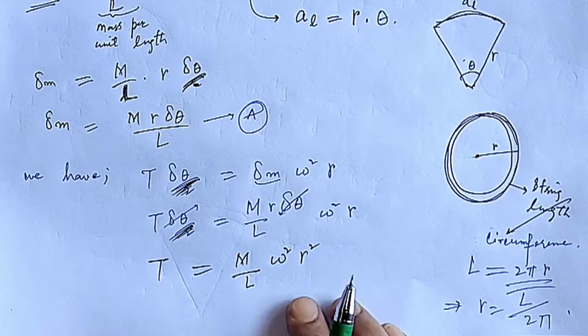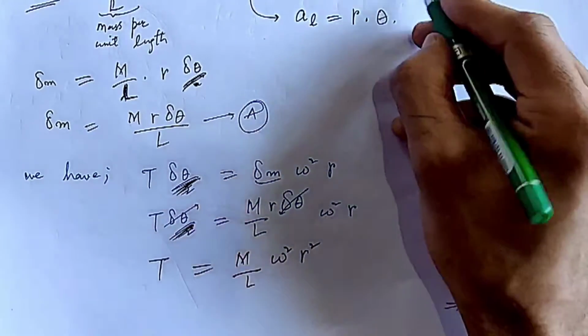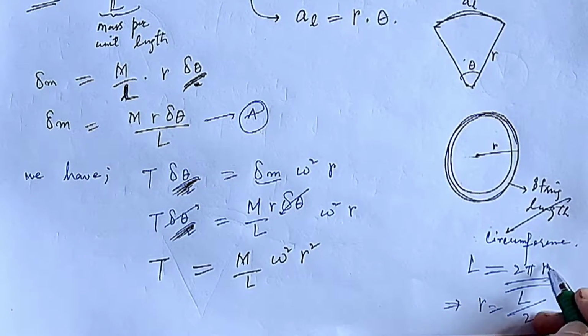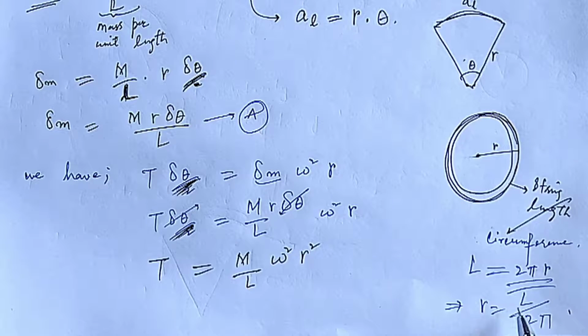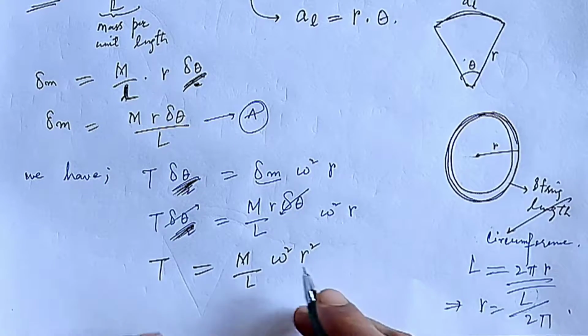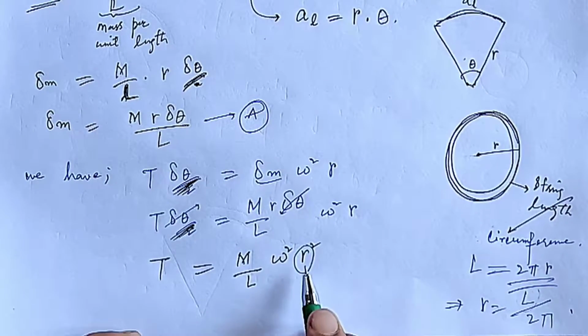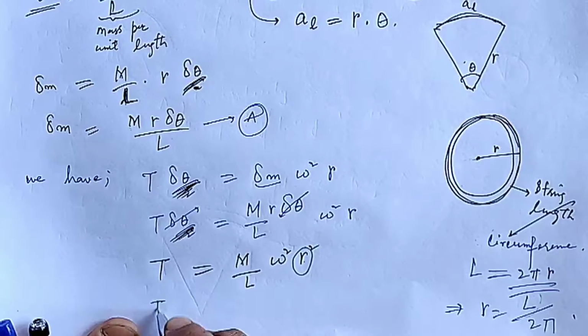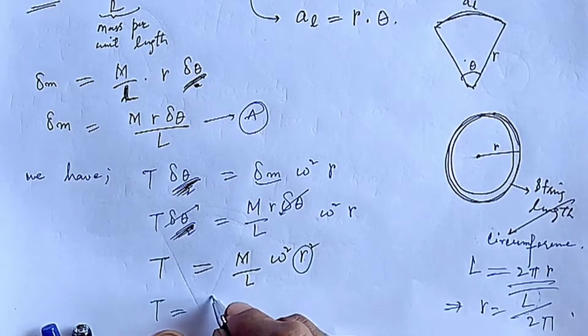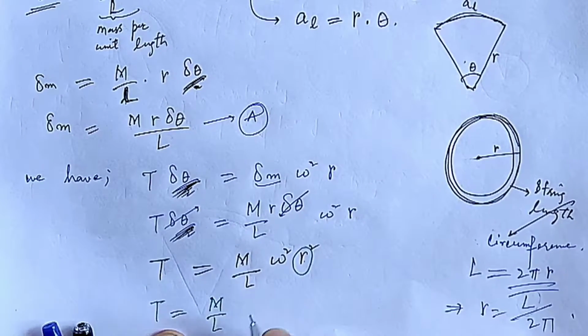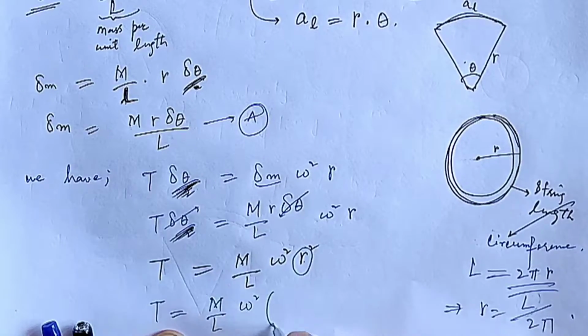Fine, because we know only two things: M is known, L is known. This R is not known. So that means we have to substitute this very L instead of R. So substituting here, we will get T equal to M divided by L omega square R square.